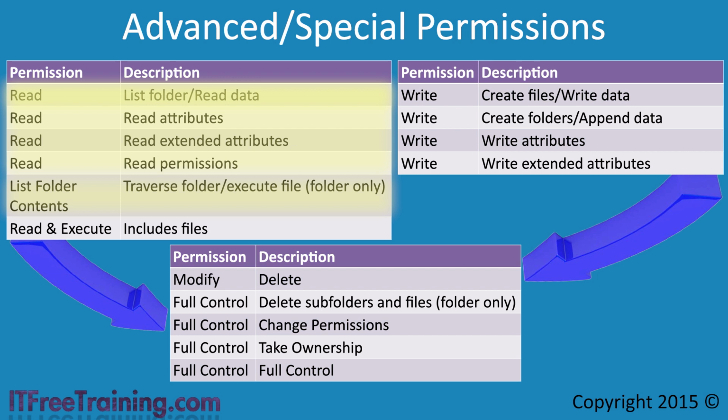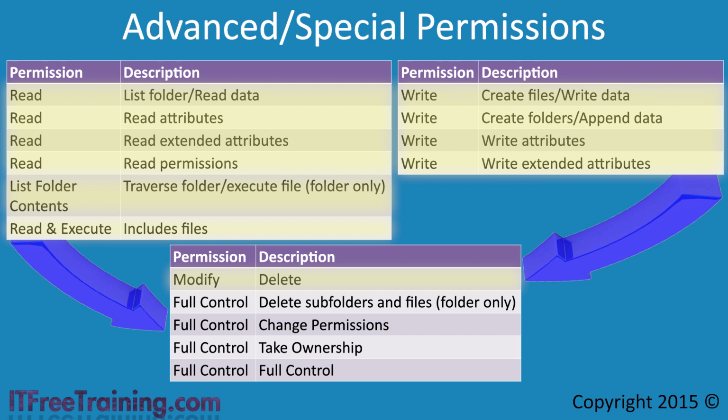If I were to select the basic permission read and execute, this would also include all the permissions above it. If I were to select the basic permission write, note that it would select the 4 basic permissions on the right. You can start to see how basic and advanced permissions relate to each other. If I were to select modify, notice that all the permissions above it are also selected.